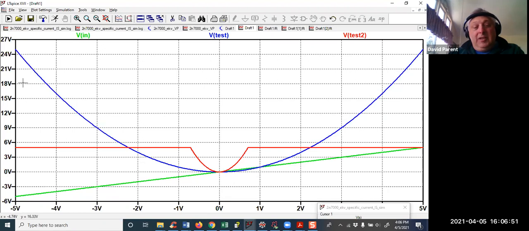However, when you put that into a real op amp with power supply limitations, yeah, it's a parabola, but this is cutting out here.